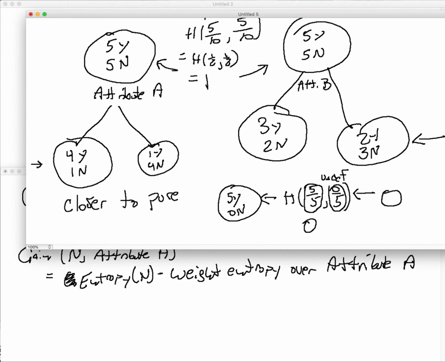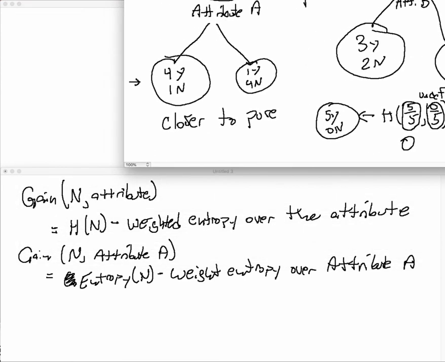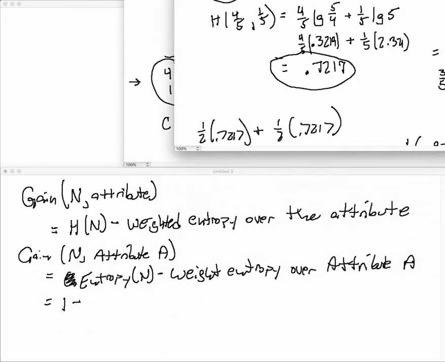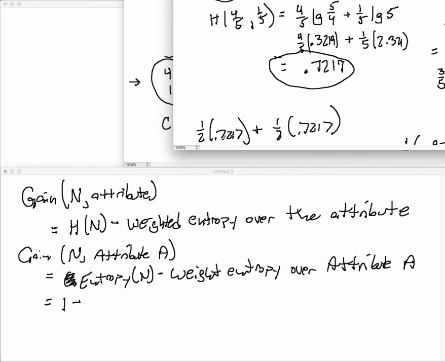The entropy was 1. So this is equal to 1 minus, and we already calculated that the entropy over attribute A was 0.7217. So that is 1 minus 0.7217. And what is that equal to? That's approximately equal to 0.28.